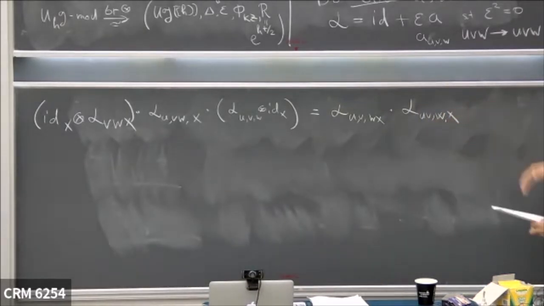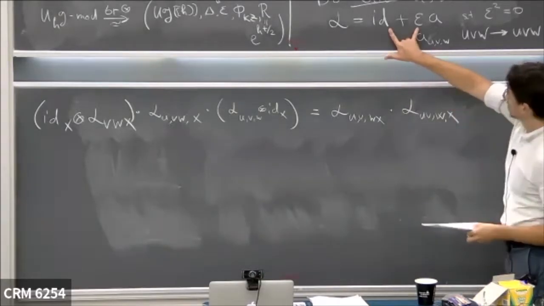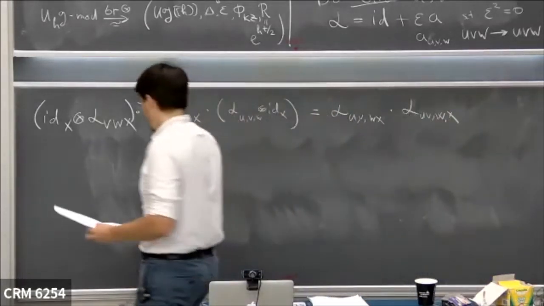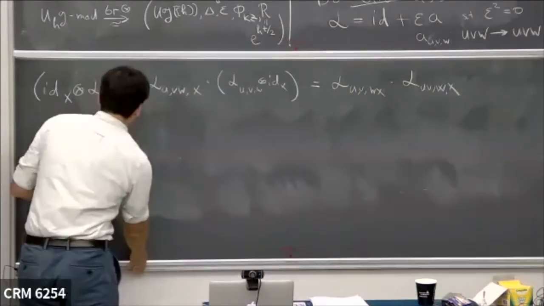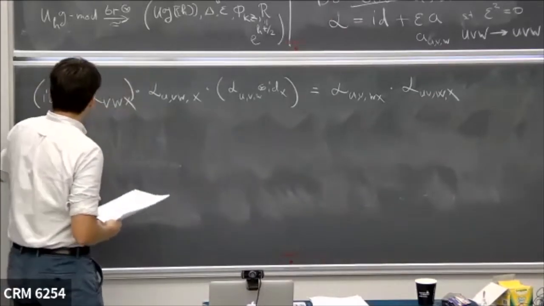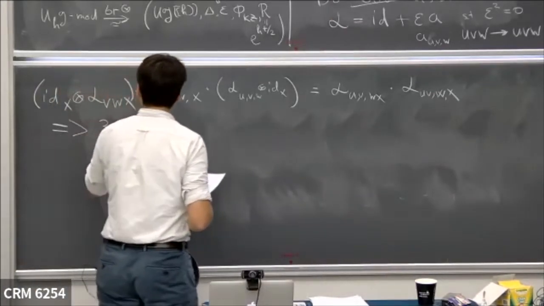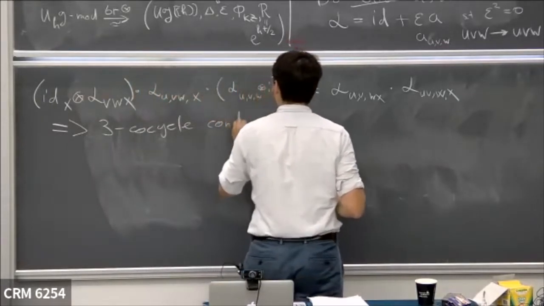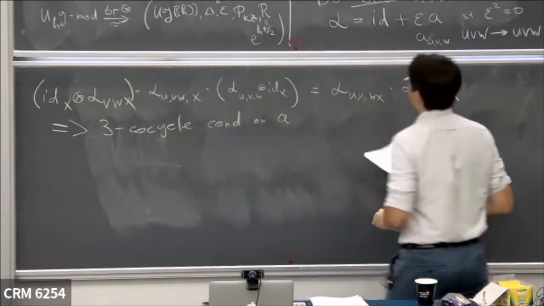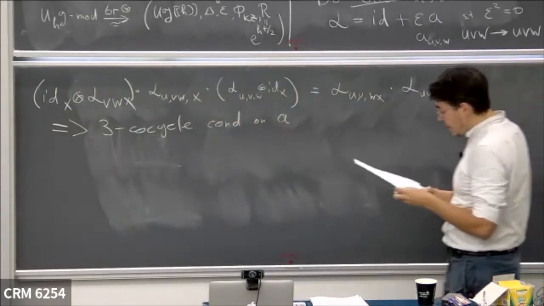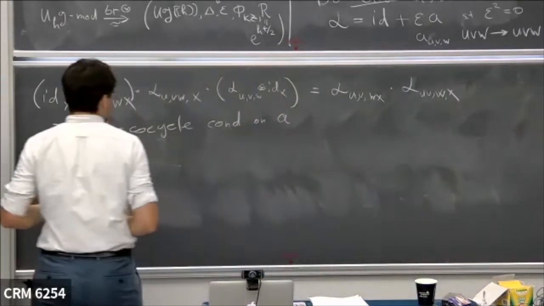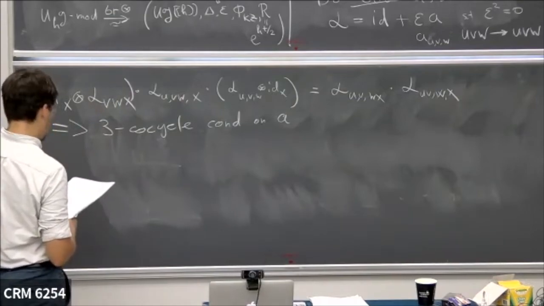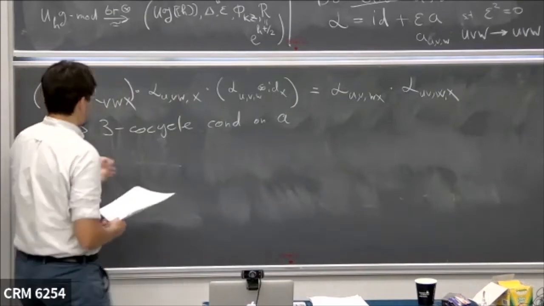So this is my pentagon equation, and I just plug this and that into this, and you get a linear equation on A. We get what I call the three-cocycle condition, or equation, on A, on this part. Let me write it this way.